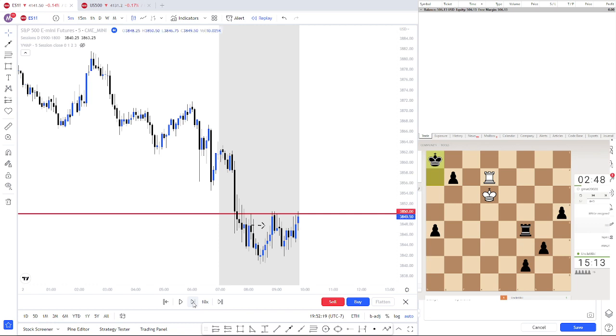Oh, price looks like it wants to break up. Oh my God, somebody get me something to do. Oh no, help me! I gotta go on break even. It's not working. It's not working. No. Oh my God.